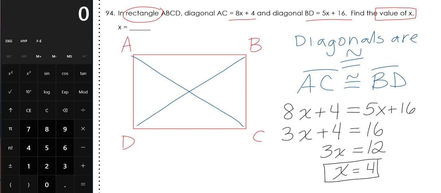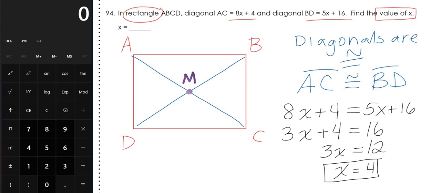Now, in the future, we may have to use one other property that I want to make sure we mention here. And that's that any parallelogram or anything in the parallelogram family, like the rectangle, the square, the rhombus, the diagonals, when they cross, are going to cross at each other's midpoints.